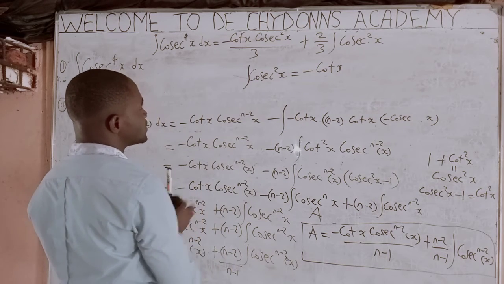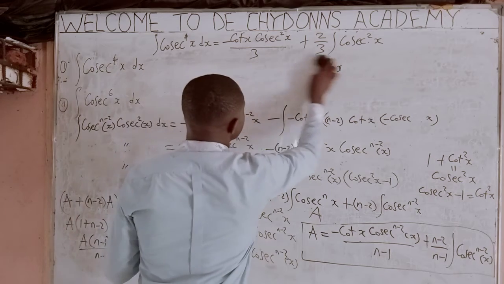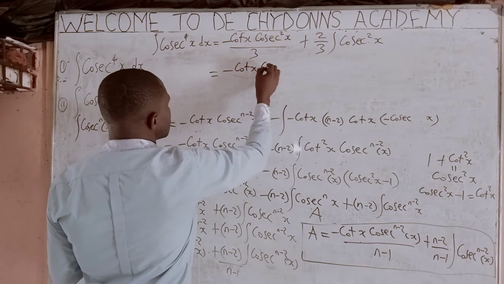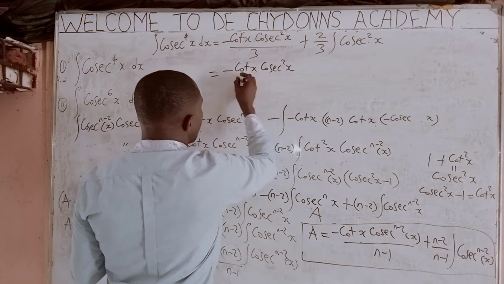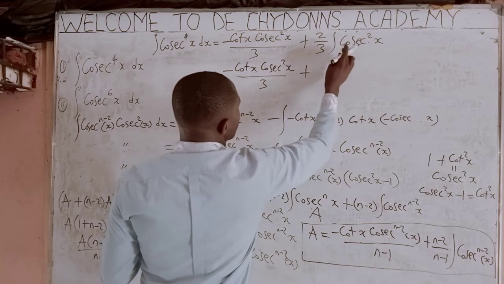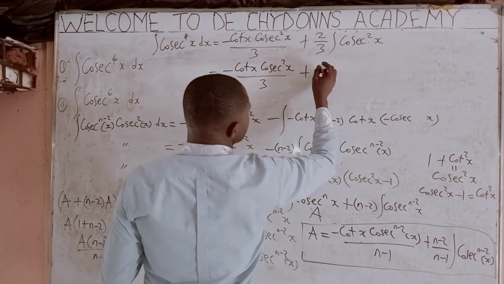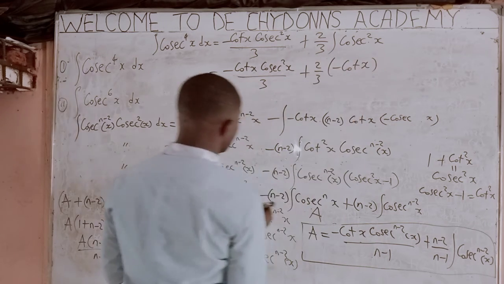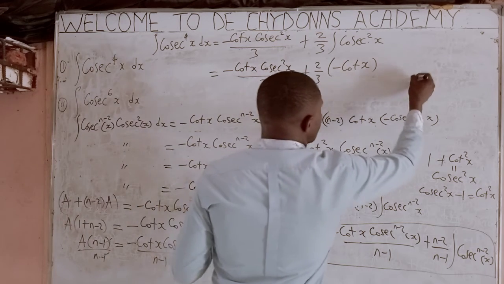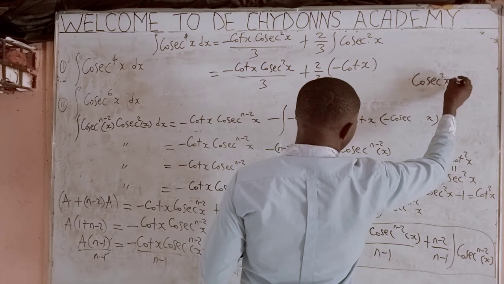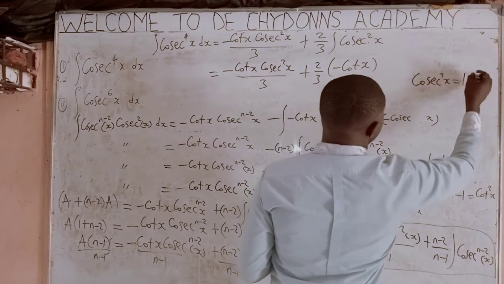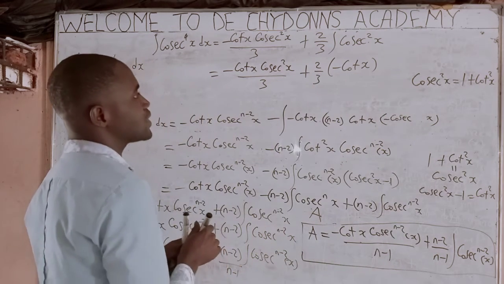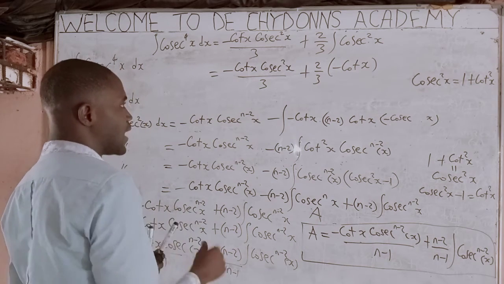So what we now say is that, finally, this is equal to minus cot x cosec squared x all over 3 plus 2 over 3 bracket minus cot x. Now remember that cosec squared x is equal to 1 plus cot squared x.